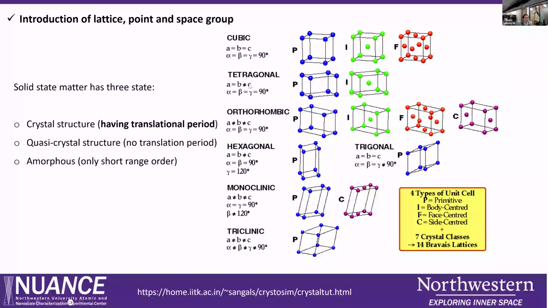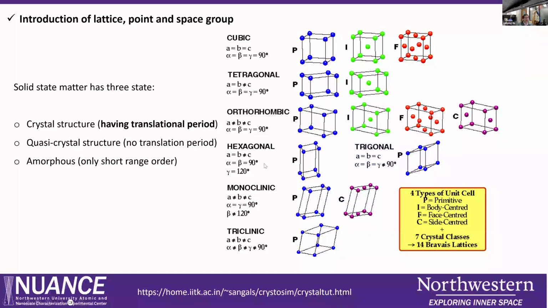For example, for a cubic, a equals b equals c, and alpha equals beta equals gamma equals 90 degrees. For a monoclinic, a, b, c should not be equal, and beta should not be 90, alpha and gamma should be 90. If you use 120, it may be a hexagonal. All of the lattices have their own features.